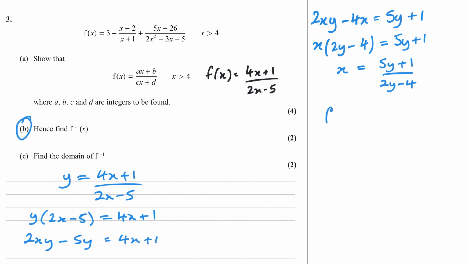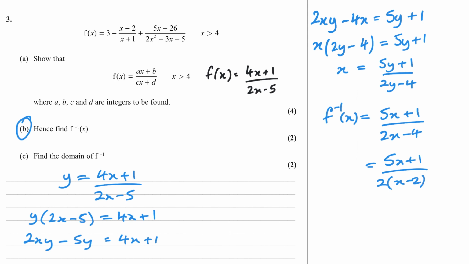Okay, so my f inverse of x is (5x plus 1) over (2x minus 4), or I could write it as (5x plus 1) over 2(x minus 2). It's up to you, they both will be correct.